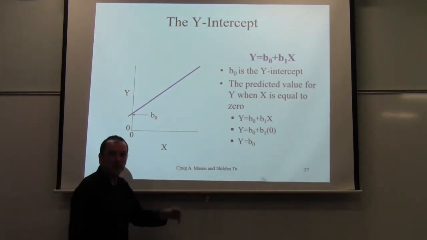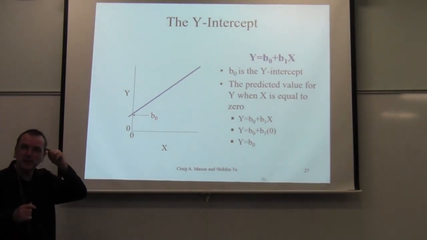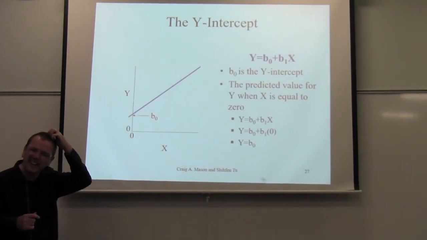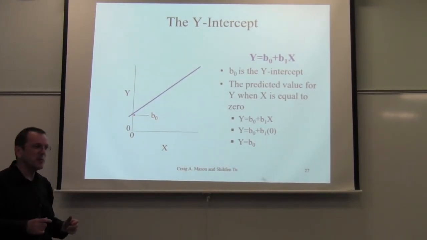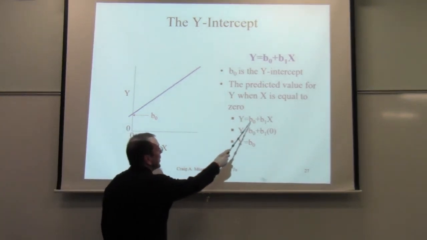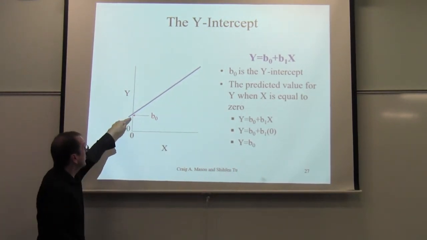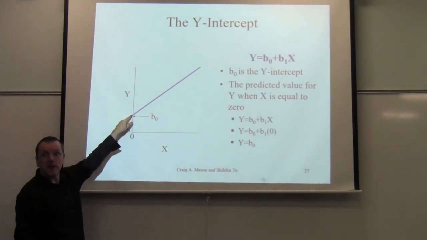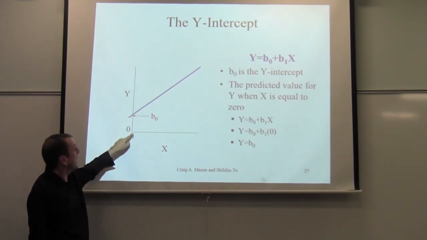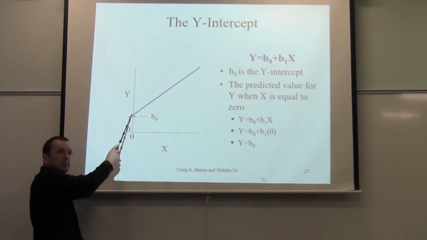Otherwise it'd be confusing if the third regression coefficient went with the second x. So it's just a numbering scheme. B0 could be 3, it could be 10, it's some number that's part of our regression equation, and it's the predicted score of y when x is equal to 0.